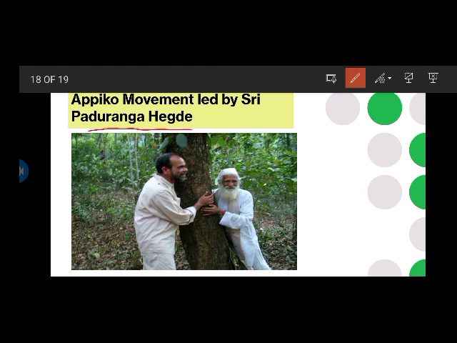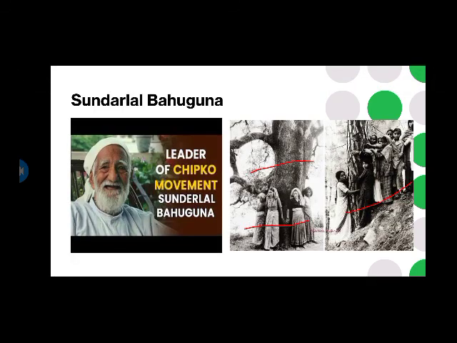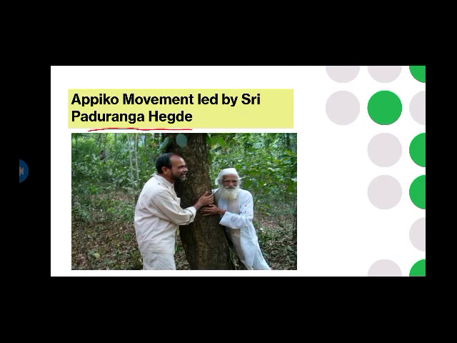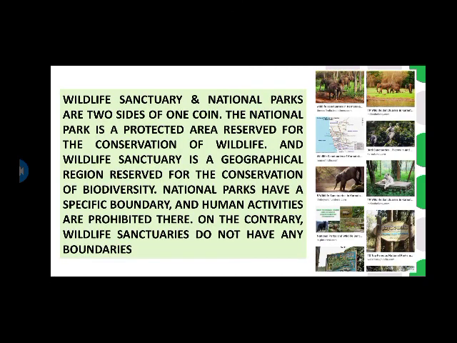He met Sundarlal Bahuguna, and he was very inspired and influenced by this man's good motto. So he also joined and took the leadership, and that is how people of Western Ghats also adopted this method to protest against the cutting down of the trees, isn't it? Understood? Now let us look at the next one.